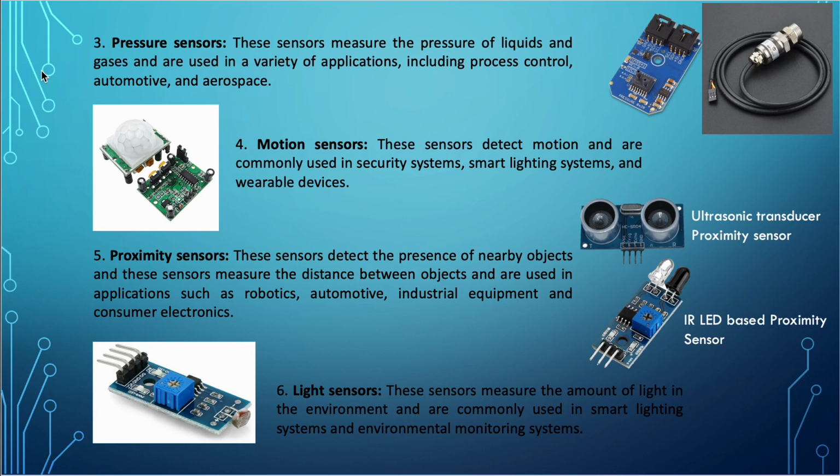And wearable devices, of course, your smartphone or your smart watch. Your smart watch would have motion sensors to detect the steps you are taking, and if you are in movement or not. Those things can be measured.